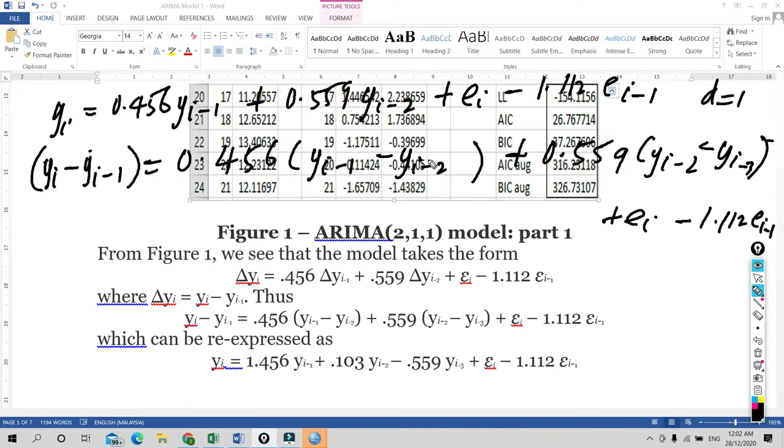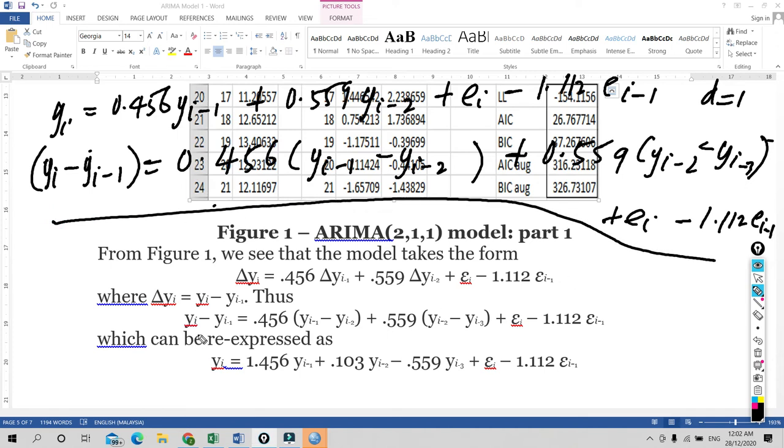If you solve this equation, you'll get y i minus y i minus 1, 0.559 y i minus 2, y i minus 3, plus epsilon i minus 1.112 epsilon i. This is the equation here.